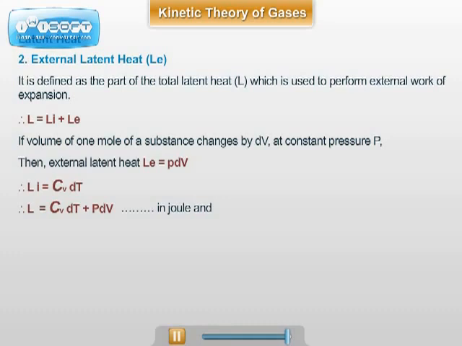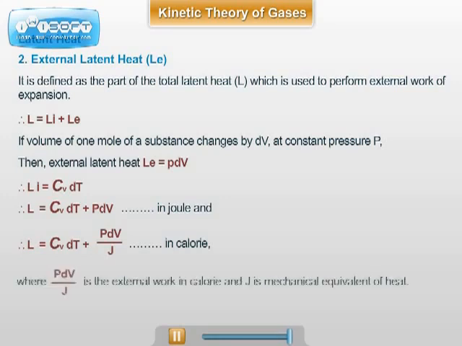If you write the equation like this, it will be in the units of work or in the mechanical units such as joule. Now, L is equal to Cv dT plus PdV upon J. This is the equation in terms of heat units or calorie, where J is the mechanical equivalent of heat.